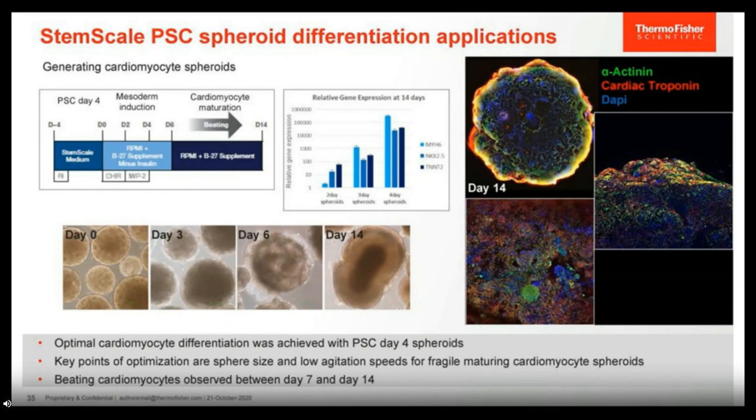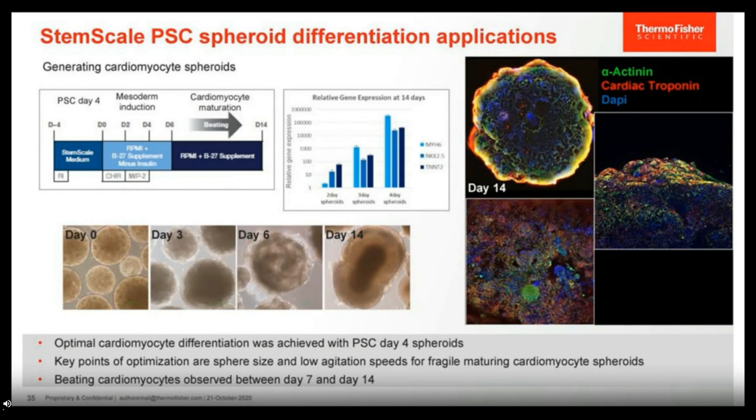The first one being, for this particular protocol, optimal mesodermal induction was achieved with PSC day 4 spheroids. So this is an example of a protocol requiring a different size of PSCs at the start. In the middle panel, you can see the relative gene expression from the different sizes of starting spheroids.